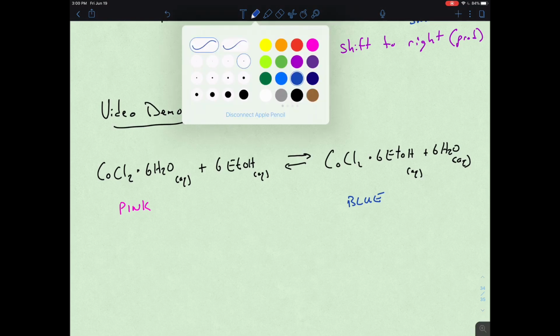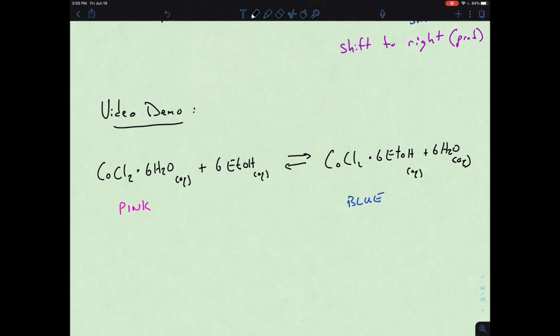So one way we could force this reaction to go from one side to the other would be by the addition of hydrochloric acid. Now, you might wonder what this has as an impact.